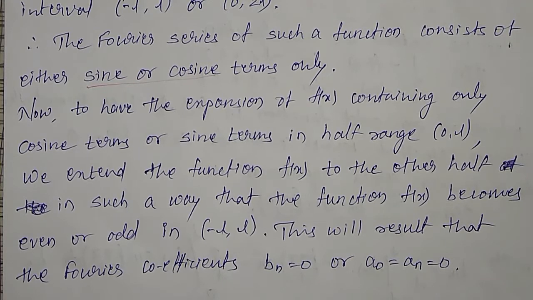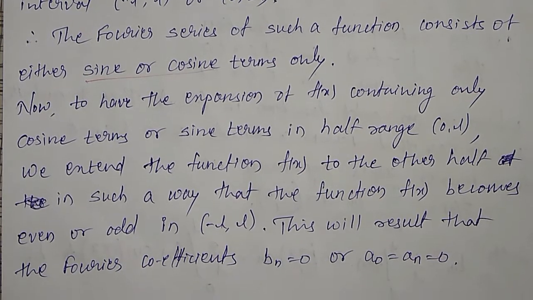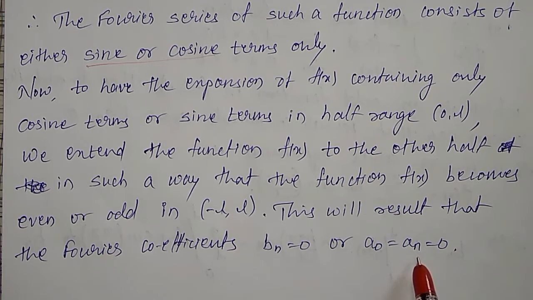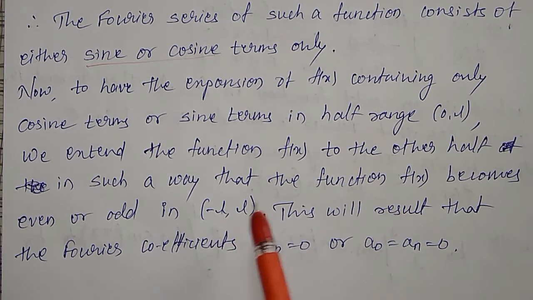This will result in the Fourier coefficients changing. If the function f of x is even, then the Fourier coefficient bn will become 0, or if the function is odd, then a0 and an both will become 0.